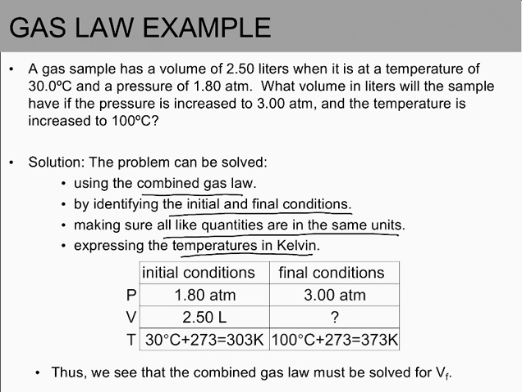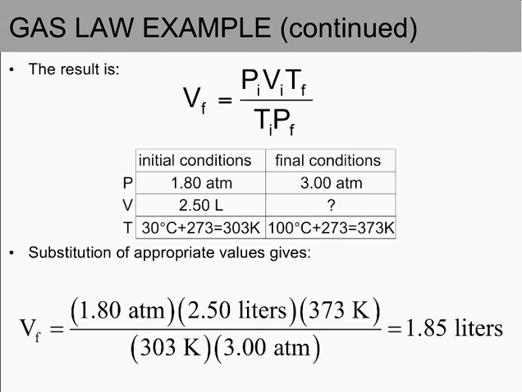And if you like to make a table, you can, and this will kind of help you organize all of the values that you're given. And then we plugged everything into the combined gas law, and we found that the final volume was 1.85 liters.